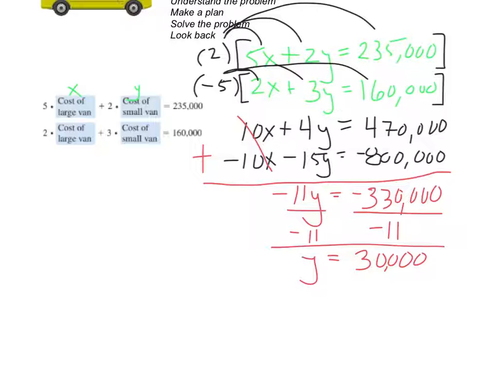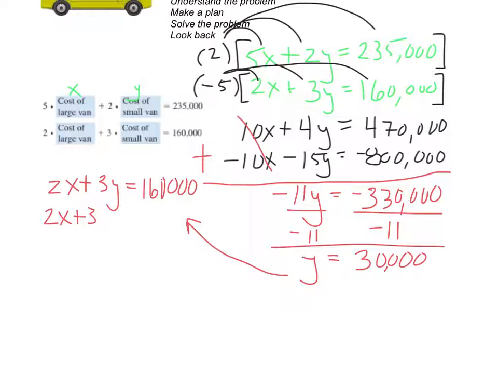But then I need to know what the x value is. So again, I'm going to go back and pick one of them to plug in. Well, again, it doesn't matter which one you pick. I'm going to pick a little bit of the smaller numbers and go with the second equation we did. Definitely not that small numbers, but we're going to get a little bit smaller. So the 2x we still don't have. The 3 we now know is times 30,000.